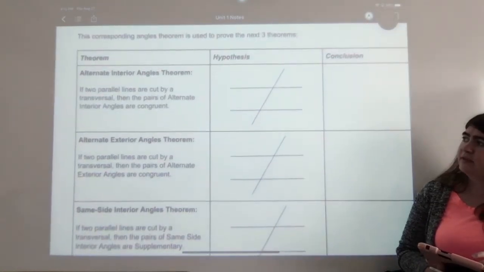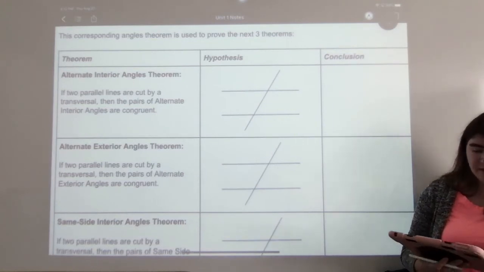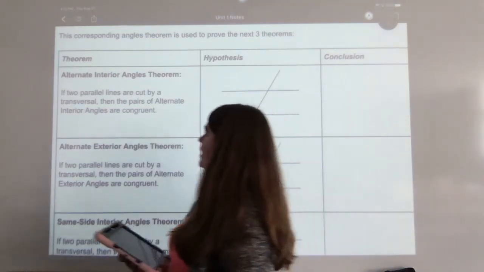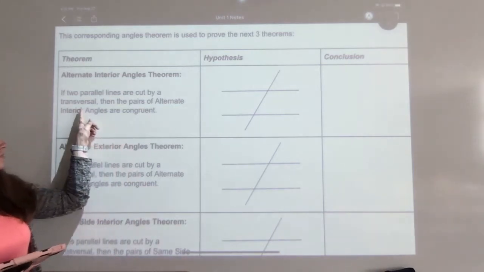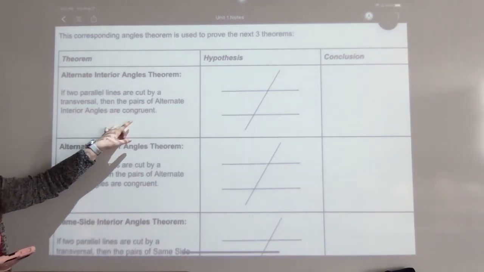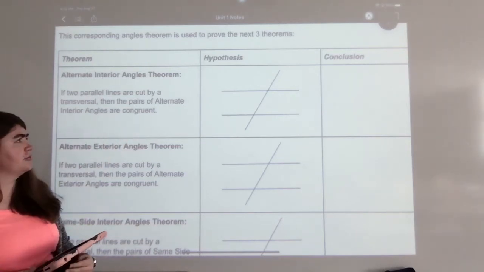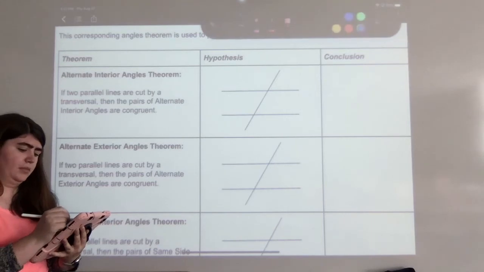So I have the alternate interior angles theorem, which says if two parallel lines are cut by a transversal, then the pairs of alternate interior angles are congruent. So let's go ahead and put our numbers on our chart here.